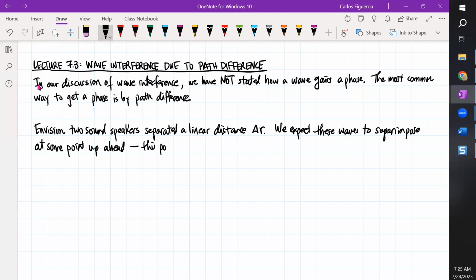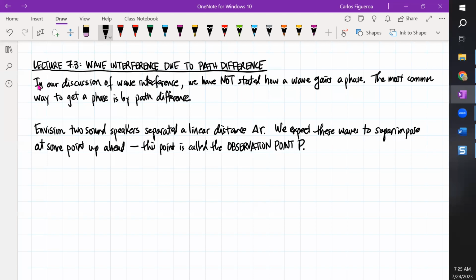This point is called the observation point P.